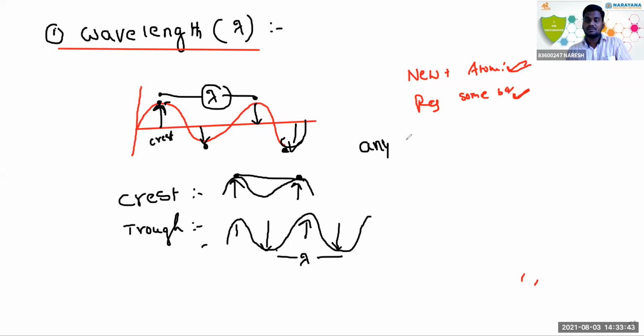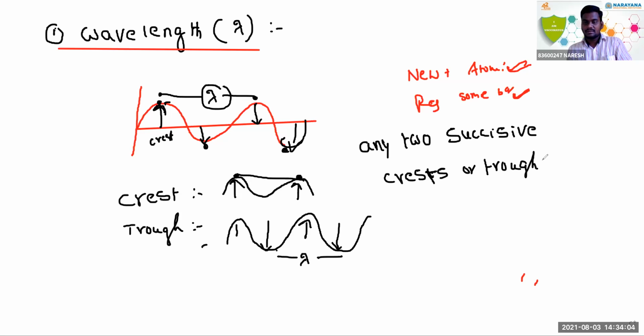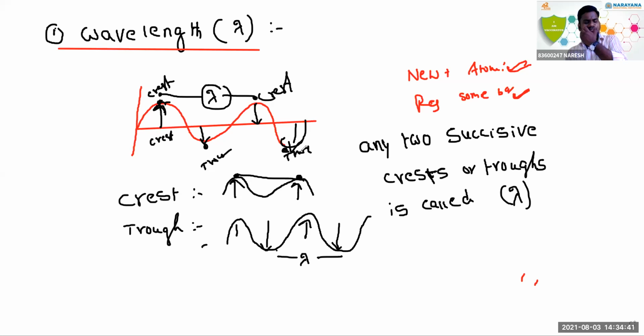The distance between any two successive crests or any two successive troughs is called wavelength. It is denoted by lambda.